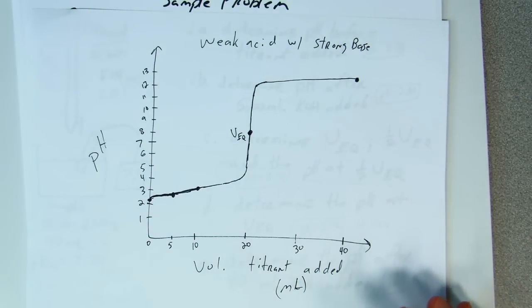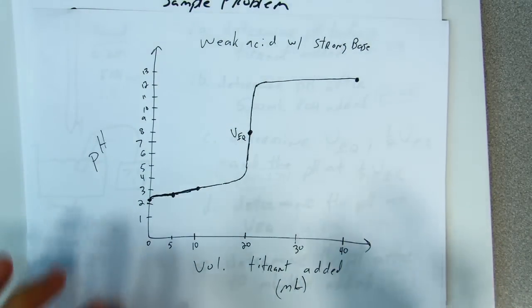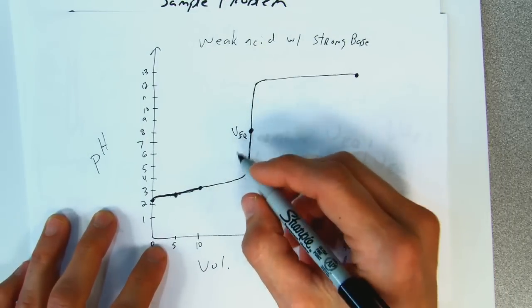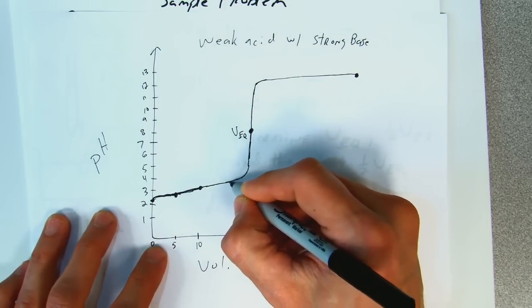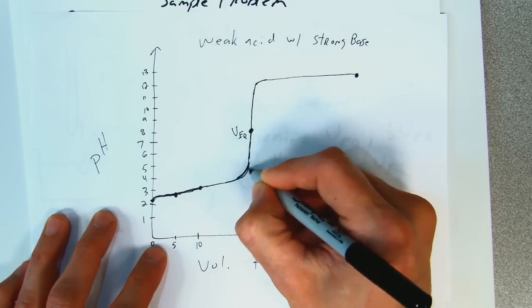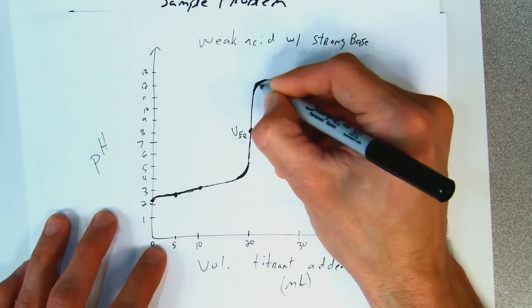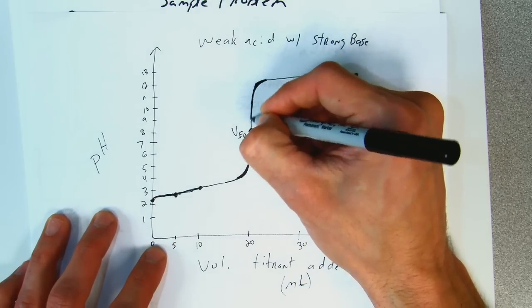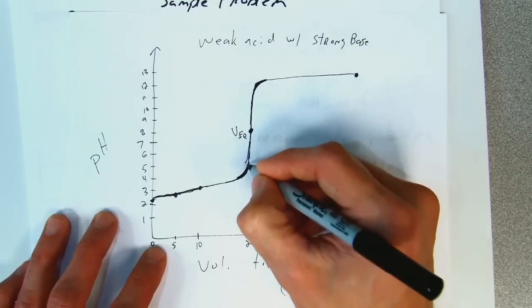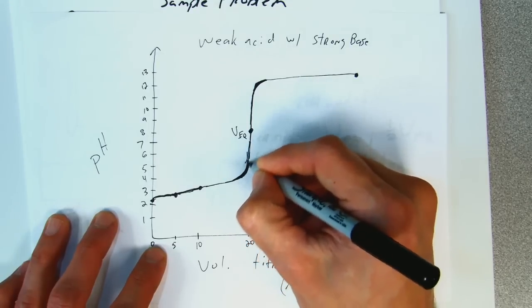So my weak acid with strong base curve looks similar to a strong acid, strong base case, but it's not quite as abrupt, okay? I guess that's what I want to highlight to y'all. These curves are a little bit more rounded in the weak acid case. It's not as abrupt a change.